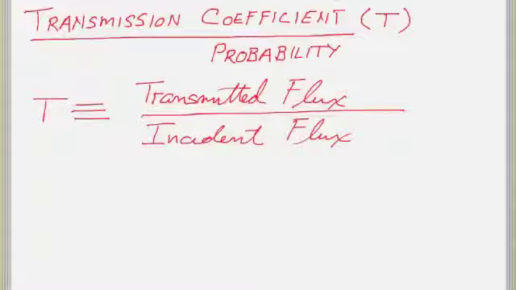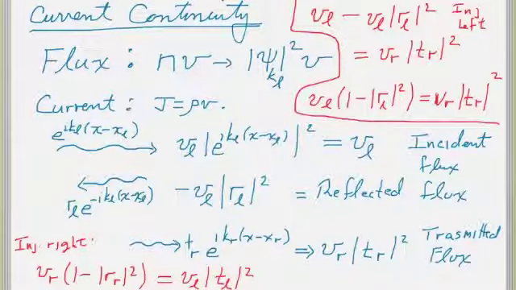Okay, well, we're looking at the fluxes, so let's take a peek back. So look at this up here. The incident flux is just V sub L. The transmitted flux is just VR TR magnitude squared. So we just have to take the ratio.